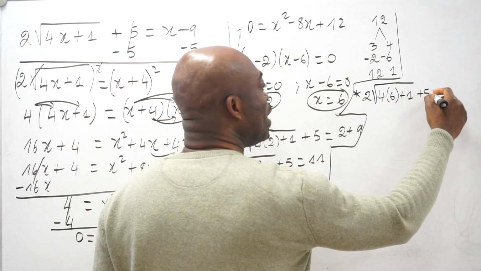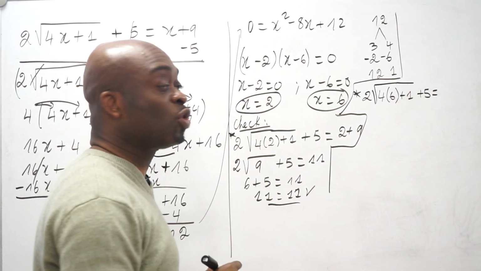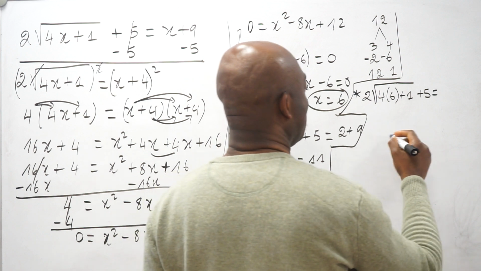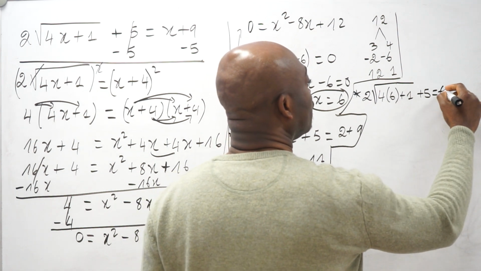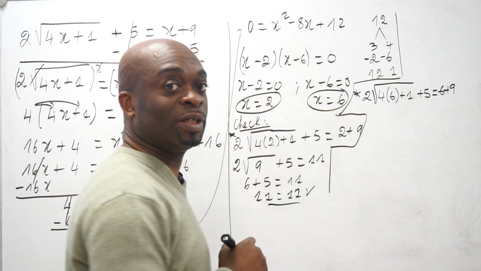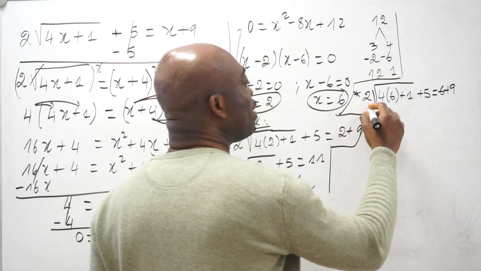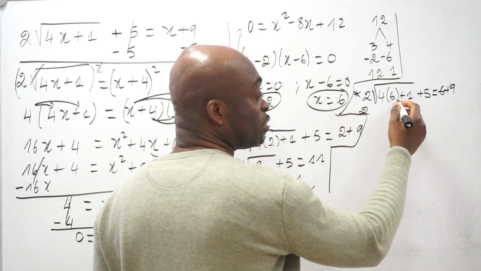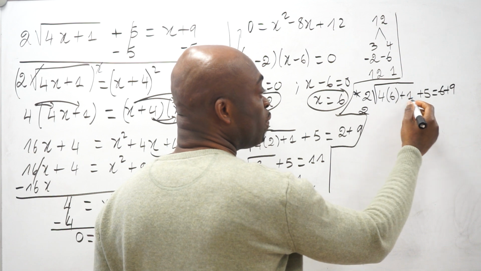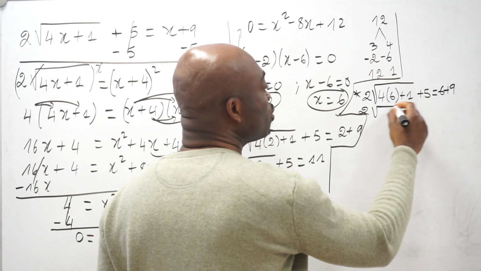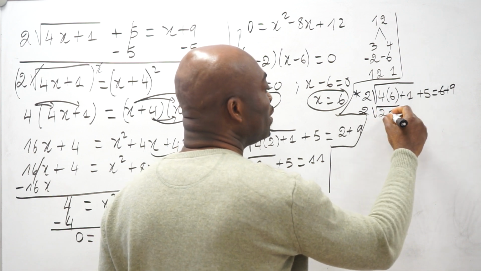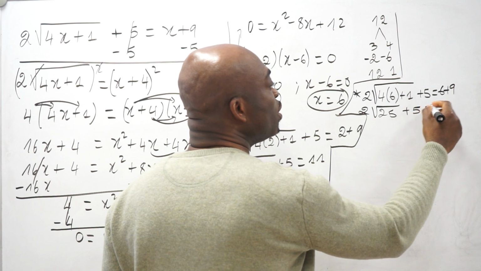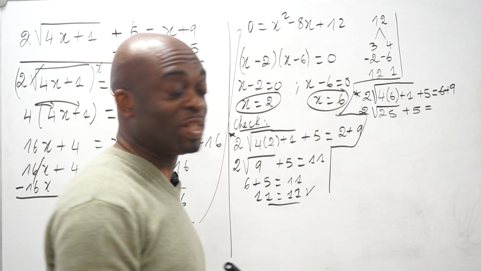And that should equal, instead of 2, 6 plus 9. That gives us 2 times the square root of 4 times 6, which is 24, plus 1, which is 25. So it's 2 times the square root of 25, then plus 5, should equal 6 plus 9, which is 15.